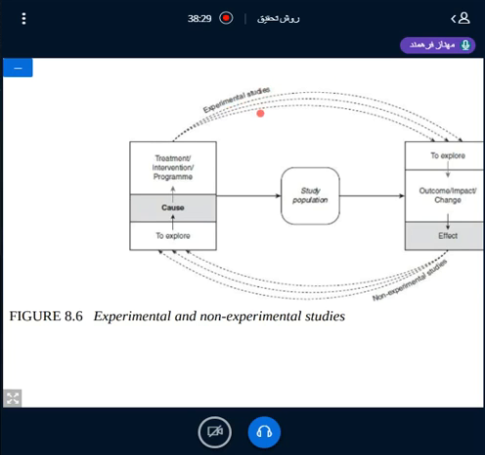Then you can see at the top experimental studies: we study the effects to explore outcome, impact, or change, which are the effects. But in non-experimental studies, we first of all study the effects, just reverse, and then we find the cause. This is non-experimental studies, okay?